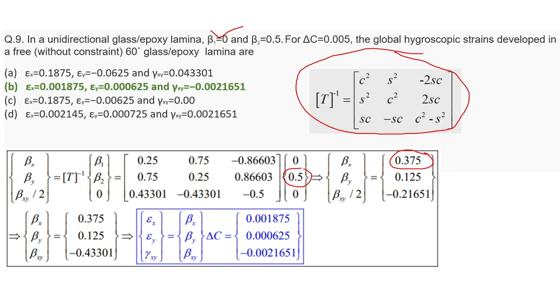Similarly for beta y, the value will be 0.25 into 0.5, that will be 0.125, and for beta xy, the value will be minus 0.43301 into 0.5, that will be minus 0.21651, and as it is beta xy by 2, this 2 will go there and it will be multiplied by 2.